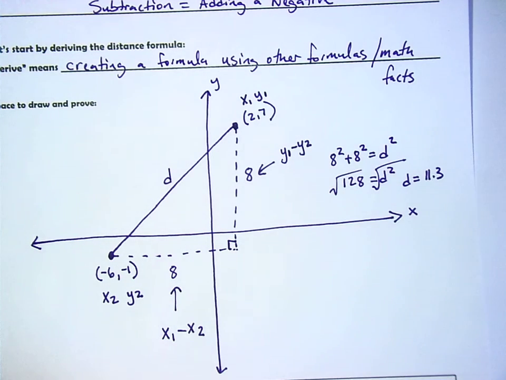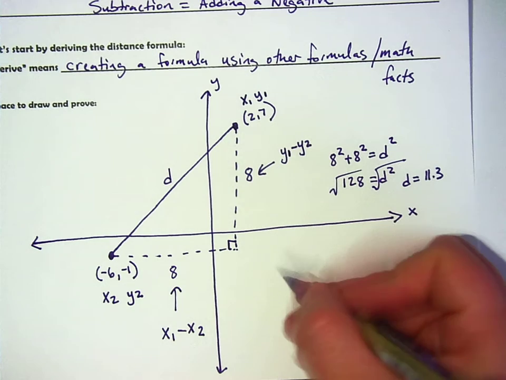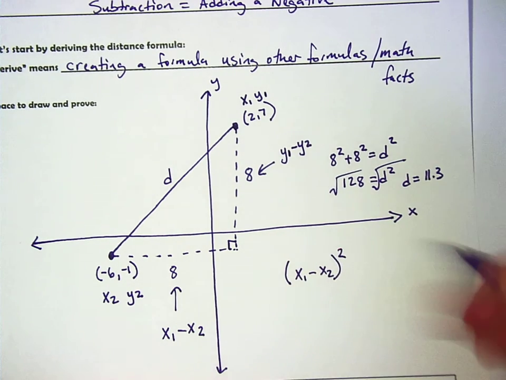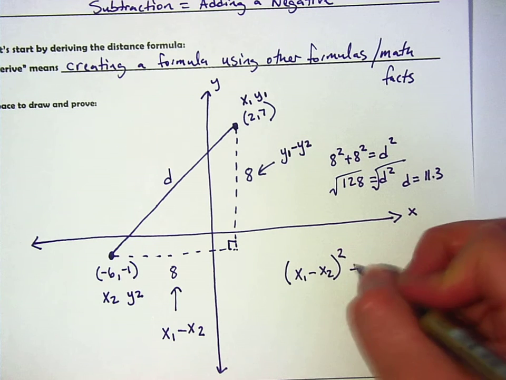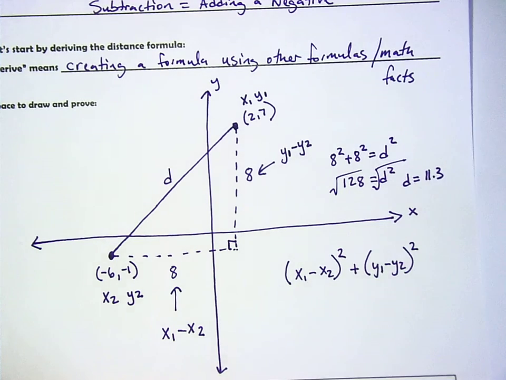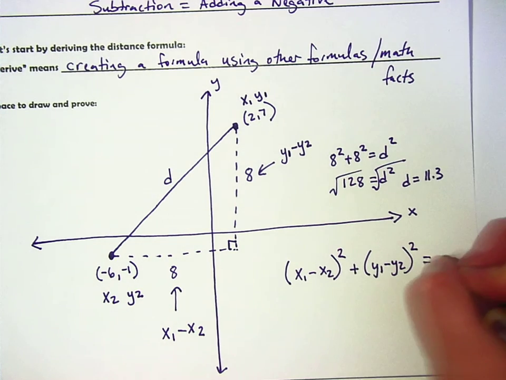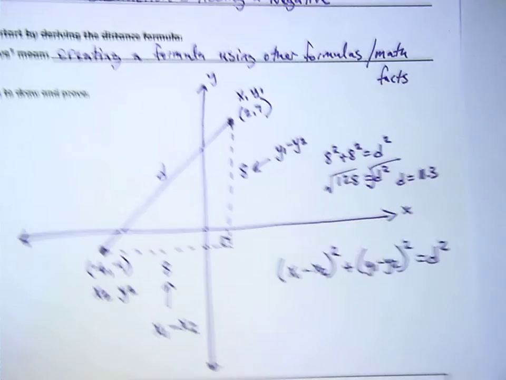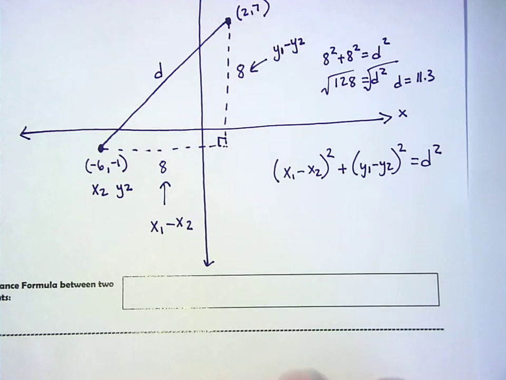And if I'm going to do the Pythagorean theorem with those, I would say that parentheses x1 minus x2 squared, that's the bottom, plus y1 minus y2 squared, that's the side, equals d squared. Do you see how I'm using the Pythagorean theorem to make the distance formula? How do I get d by itself right now then?